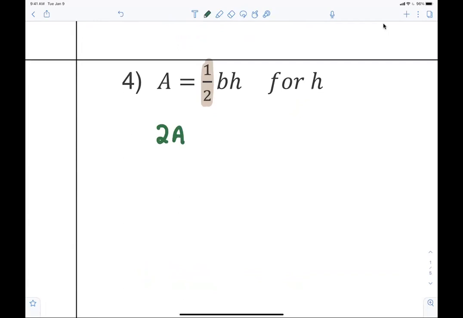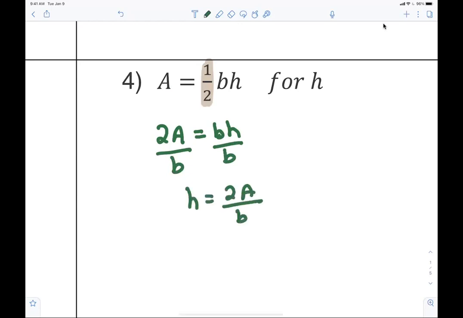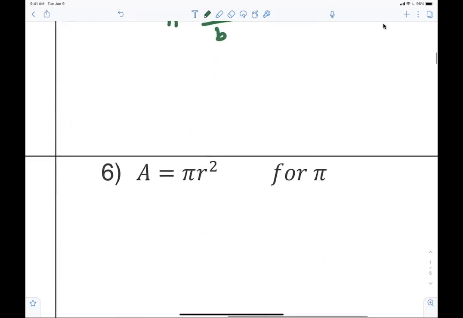No. Now, how do I get rid of the b? Divide by b. So the height is twice the area divided by the base. Everybody good? All right, let's see how you did on number 6.